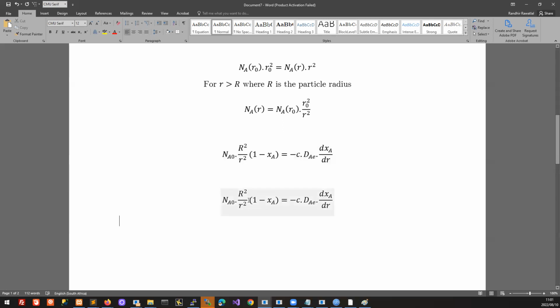So I'm just going to write this as R squared here, and then I'm going to take my dr over R squared, like that. And then this XA, we do want to divide by XA here.